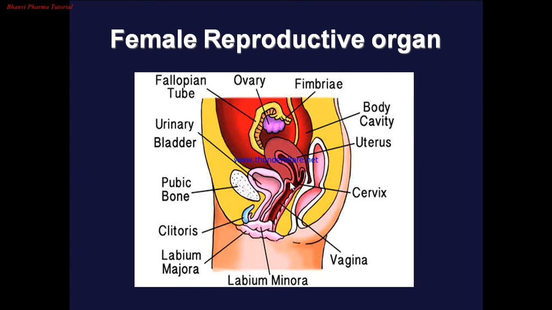This is the end of the vagina, and the opening of the uterus is the cervix. This is the uterus. This is the ovary. This is the fallopian tube. These are the diagram of the female reproductive organ.